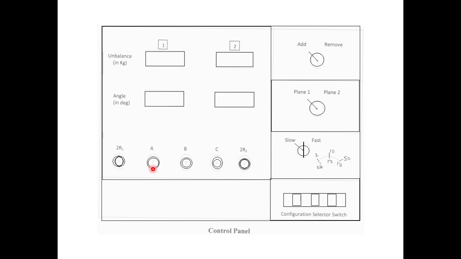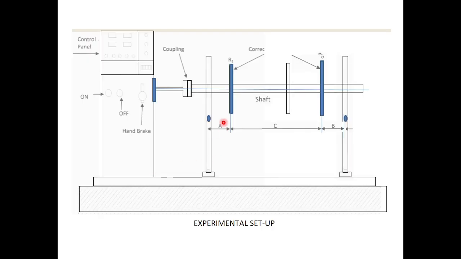It knows what the values are, and with these known values it can draw the vector diagram, and what it senses is the unbalanced force. That unbalanced force, as well as the direction of that unbalanced force, it can sense through some vibration sensor.